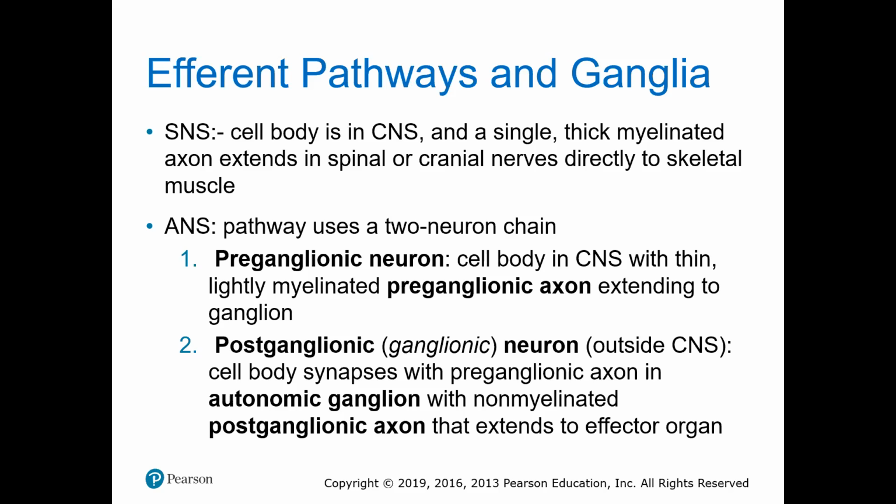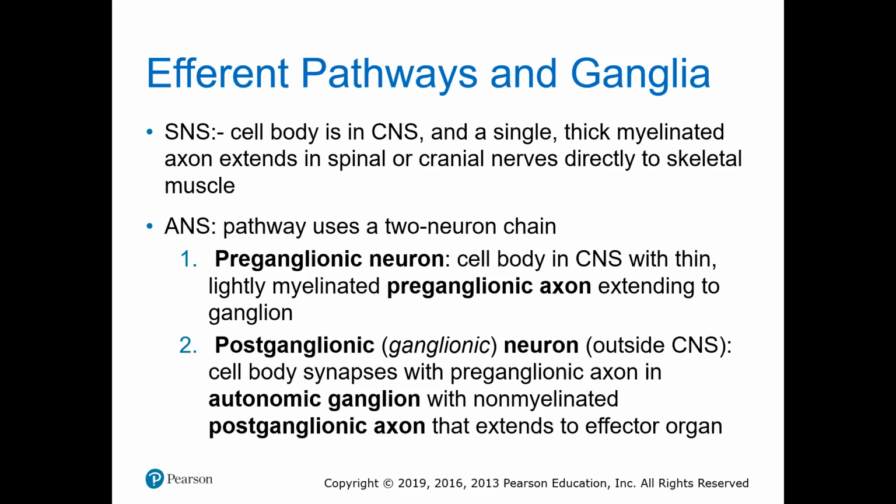However, in the autonomic nervous system, we have a different approach. We use two neurons. We use what we call a preganglionic neuron and a postganglionic neuron. The cell body of the preganglionic neuron is in the central nervous system. A preganglionic axon extends to the ganglion, to the cell body.